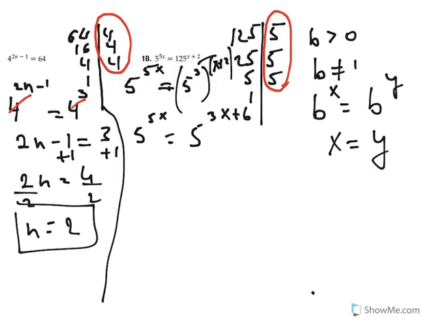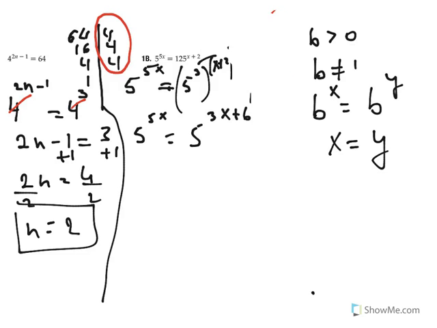I'm going to erase the work with the factors a little bit now, because I don't need it anymore and it's taking up my space. Okay, so now this is my equation.